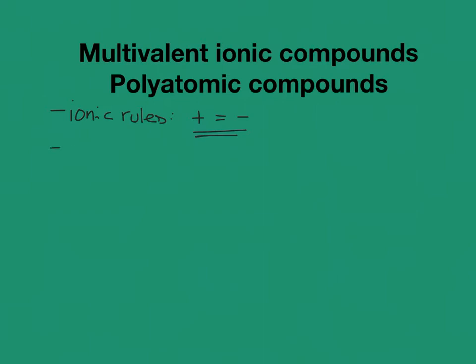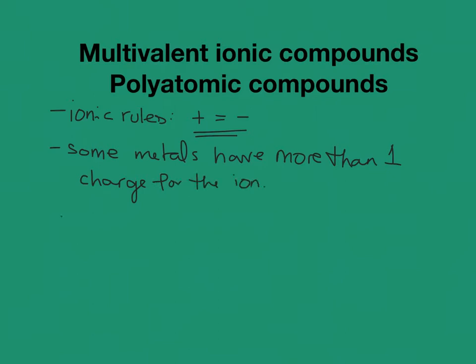So when you talk multivalents, some metals, and actually some non-metals, but right now we're just going to look at some metals, have more than one valence. So they have more than one charge option for the ion.